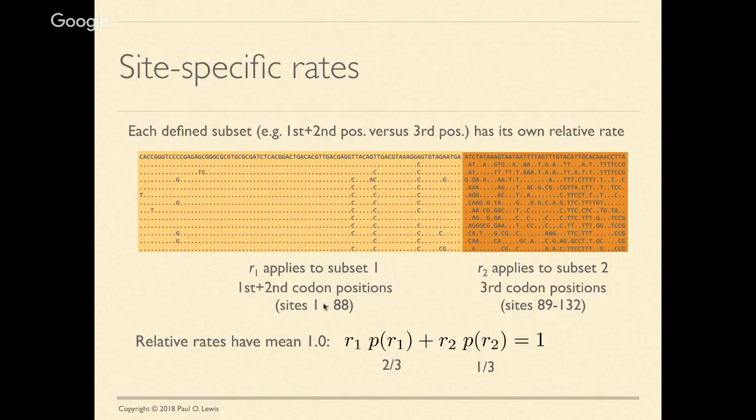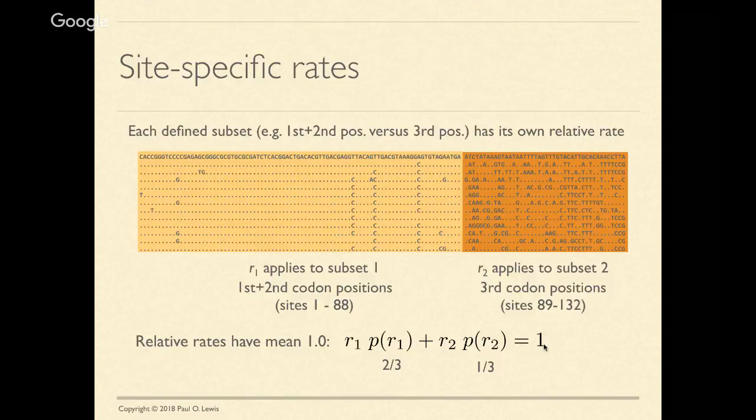There are twice as many positions here because we're combining first and second codon positions as there are in this subset. So we have to take that into account when we estimate our relative rates, because we want the mean relative rate to be 1 so that we don't change the meaning of the branch lengths.